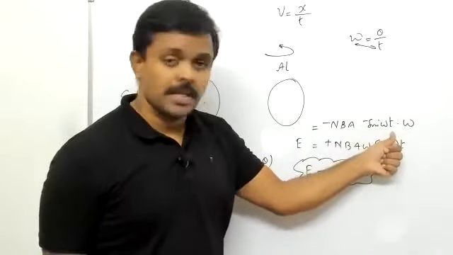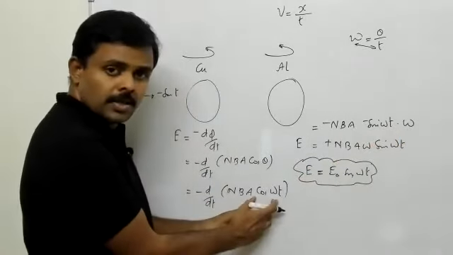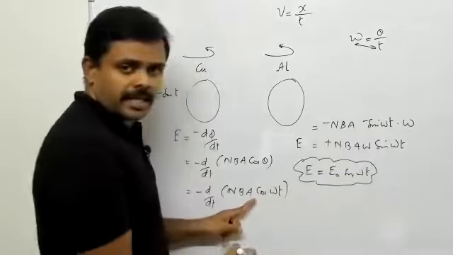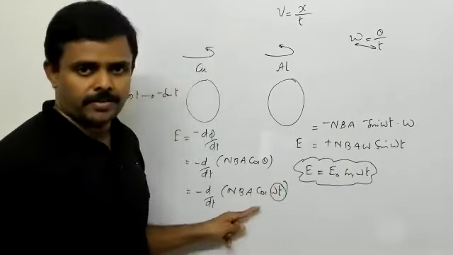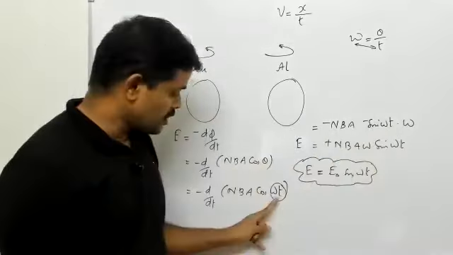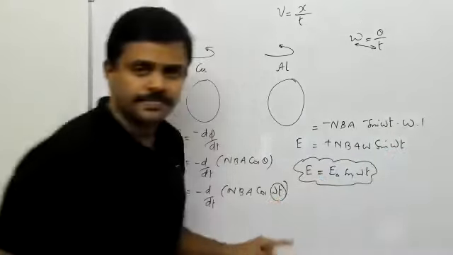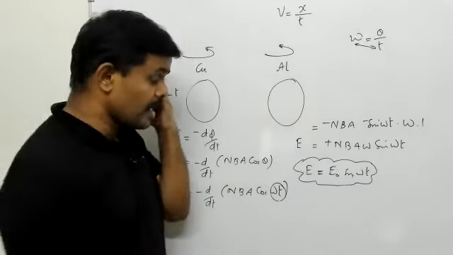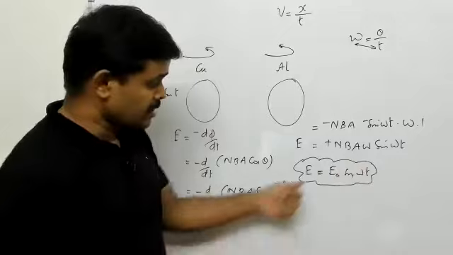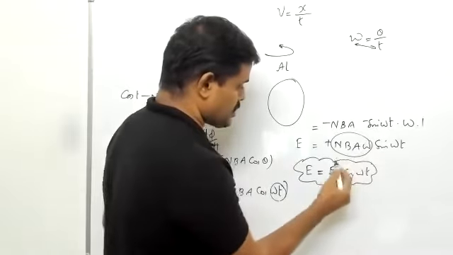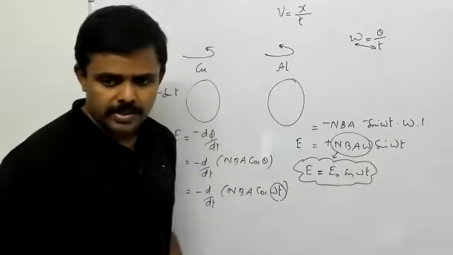Cos's differentiation is minus sine omega t, into this part differentiated one more time: omega written as such, t's differentiation is 1. So minus or minus is plus, NBA omega sine omega t. Now let's say NBA omega together is called E0, so it is E0 sine omega t.